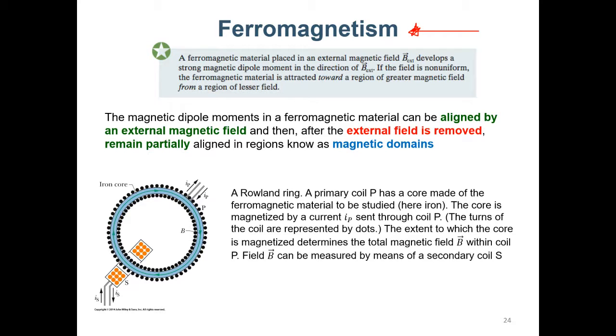If you place the ferromagnetic material in the external magnetic field, it will generate a magnetic dipole moment. But if you remove the external B field, the magnetic dipole moment generated by the ferromagnetic material will still be there.